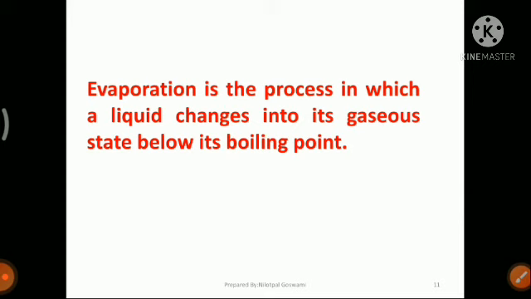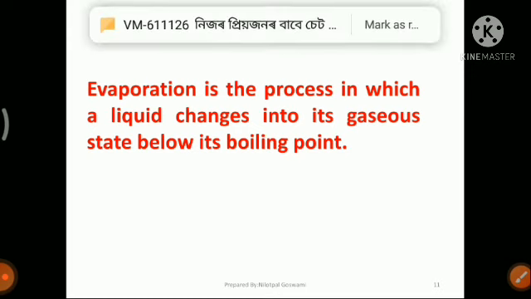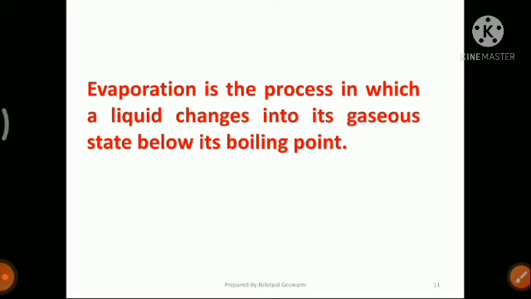So they have more kinetic energy and can easily break the force of attraction between them, and the particles present on the surface change into their gaseous state, that is, into water vapor. Even though the particles are not at their boiling temperature, they change into the gaseous state, and this process is called evaporation of water. So this is what evaporation means.